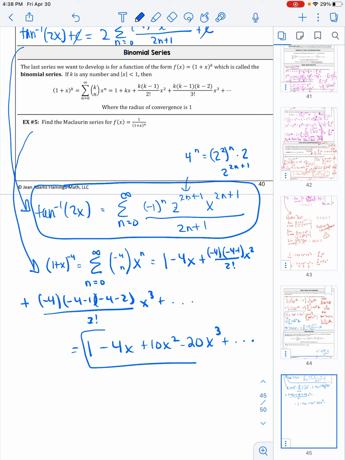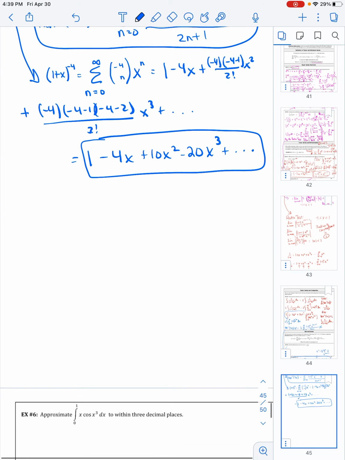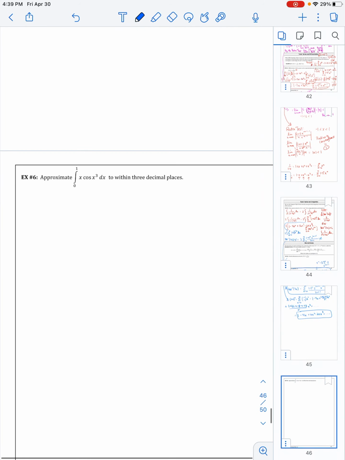So that's going to give us negative 20x cubed, and then plus dot dot dot. This is going to be our Maclaurin series for 1 over 1 plus x to the fourth.